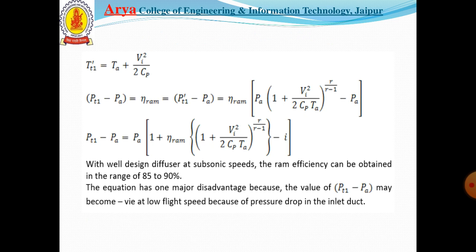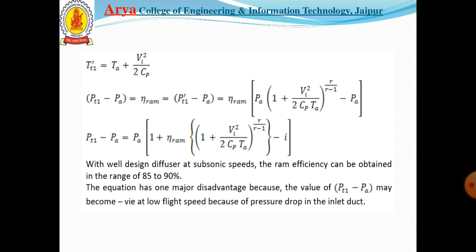Now T_1' equal to T_A plus V_i² upon 2 C_p. P_T1 − P_A equal to η_ram into (P_T1' − P_A), equal to η_ram into P_A into [(1 + V_i² upon 2 C_p T_A) to the power γ upon γ − 1 − 1]. Now P_T1 minus P_A, by taking the common P_A, equal to P_A into η_ram into [(1 + V_i² upon 2 C_p T_A) to the power γ upon γ − 1 − 1].